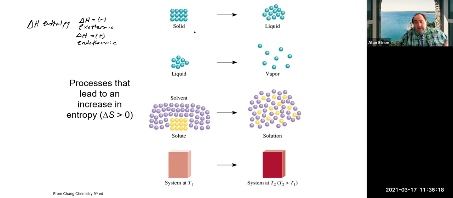So using enthalpy or energy to determine whether a reaction is going to be spontaneous is not necessarily the overwhelming choice. It does help a lot of times if we have an exothermic reaction, but it's not really the thing we can look at.